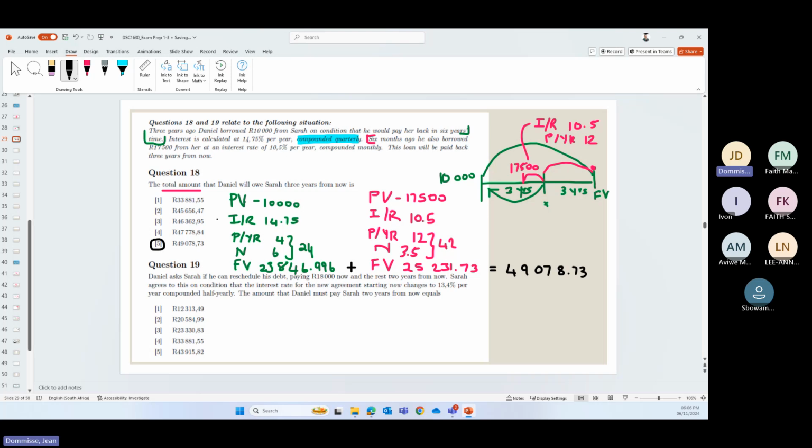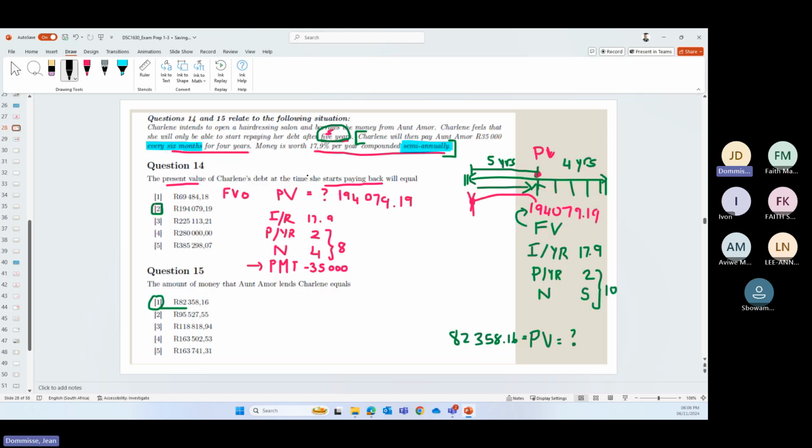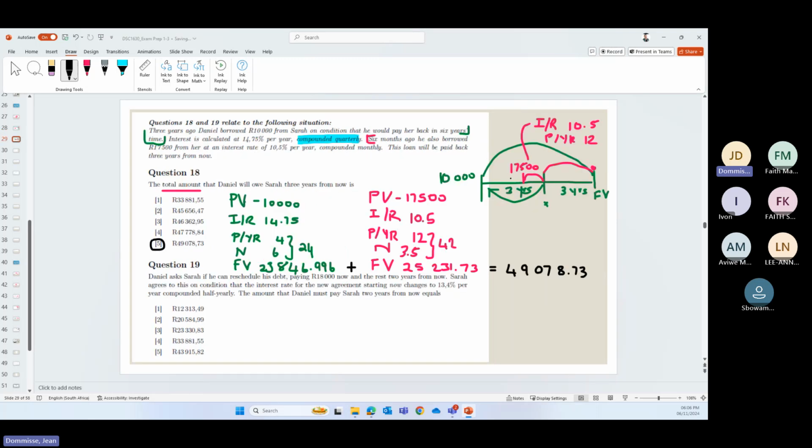And just as I said in the previous one, they can change the periods and things. So that is what they did here. They said that the second piece that she borrowed was a different time period, different payments per year, different interest rates.